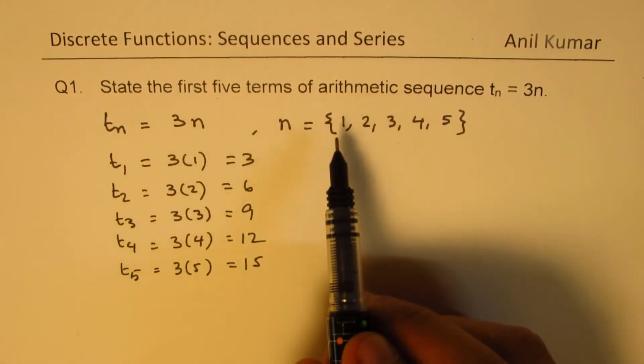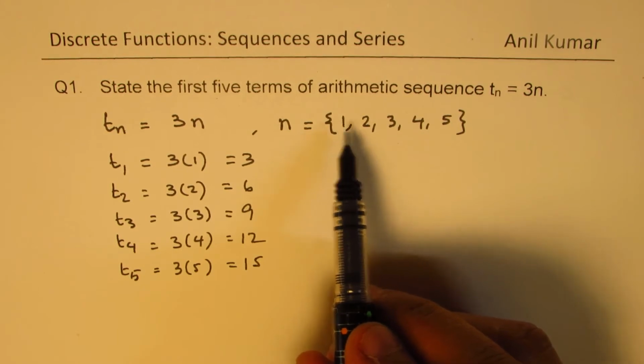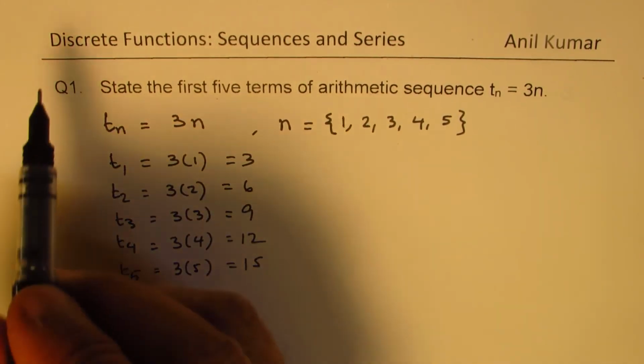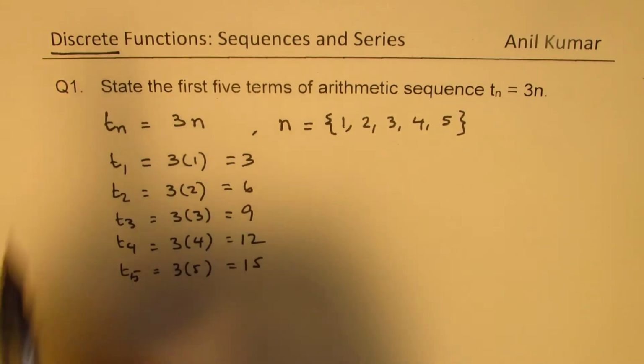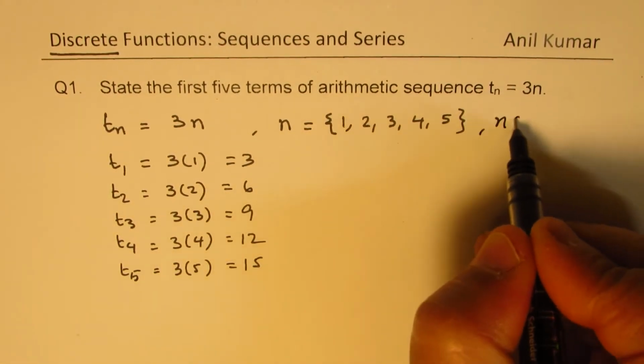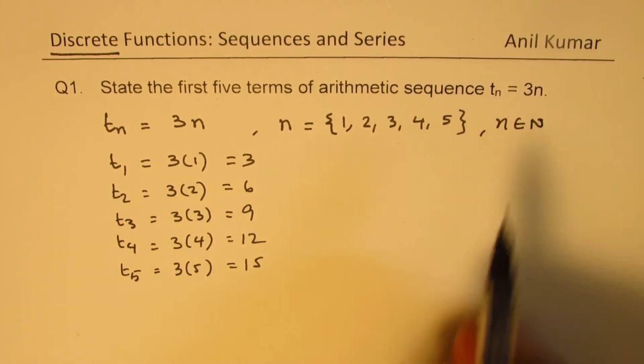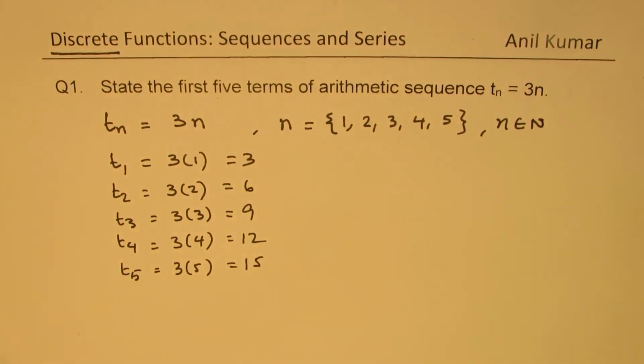So don't do the mistake of starting with 0. That's kind of important. Only natural numbers, right? So when we talk about discrete functions, then remember n belongs to set of natural numbers. Now that may not be mentioned in your test paper, but that is assumed, correct?